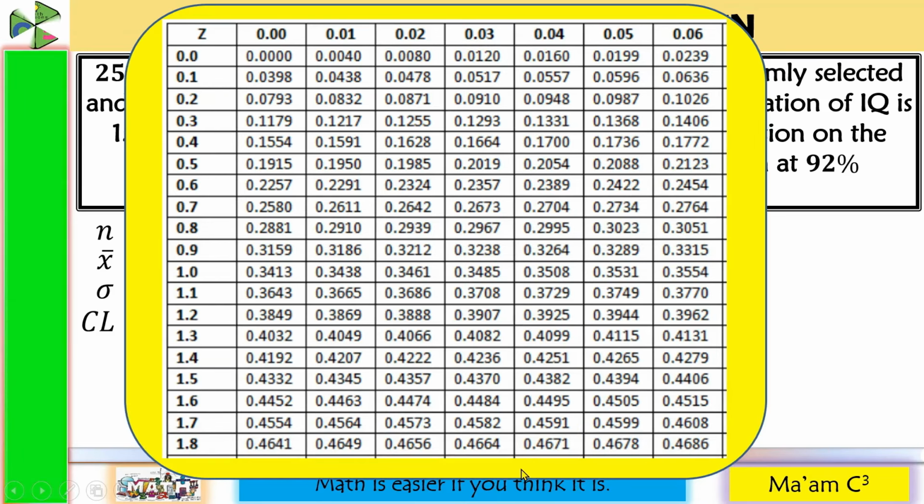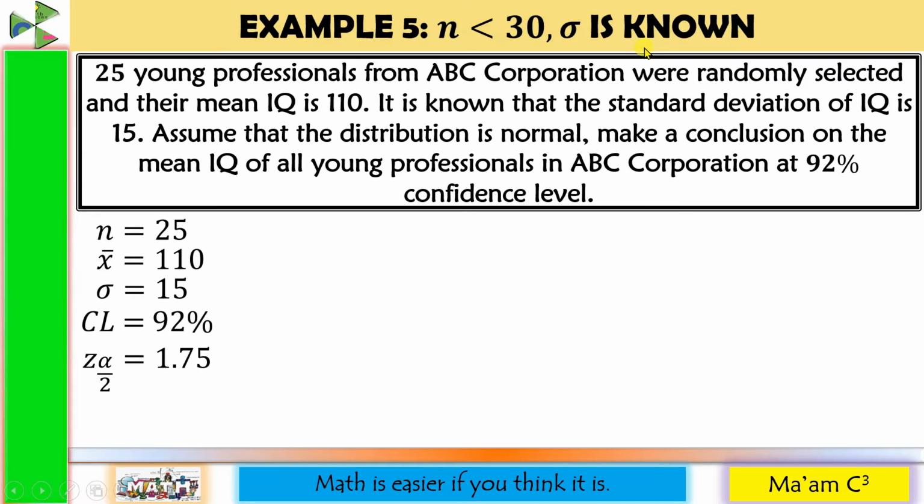Let us find 0.46 and the closest one is 0.4599. Let's determine the z-value. So we have here 1.7 and the hundredths digit is 5. So we have 1.75 here. C sub alpha over 2 is 1.75.